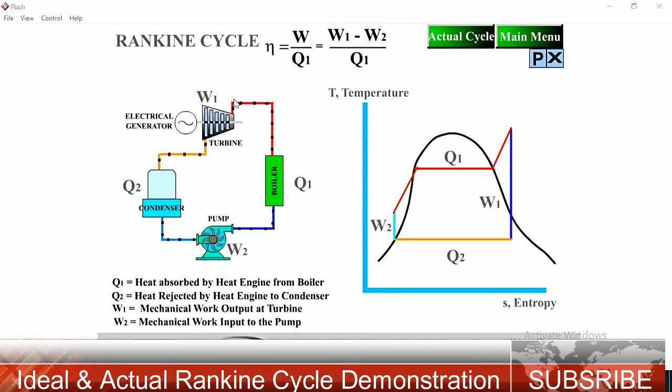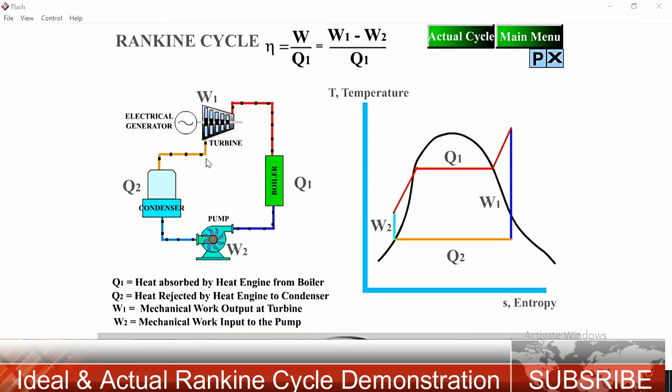Suppose this point is 1 and this point is 2. The 1 to 2 process involves isentropic expansion of the superheated steam.